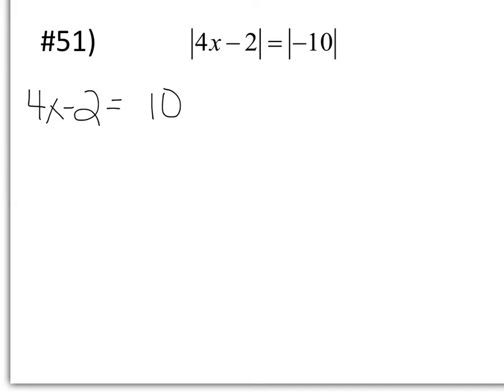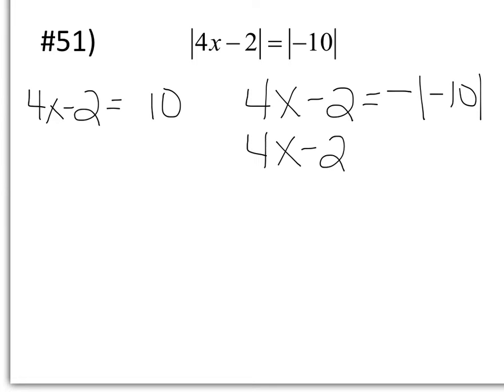And then the negative: 4x minus 2 is equal to the negative absolute value of negative 10, which is going to be 4x minus 2 is equal to negative 10.